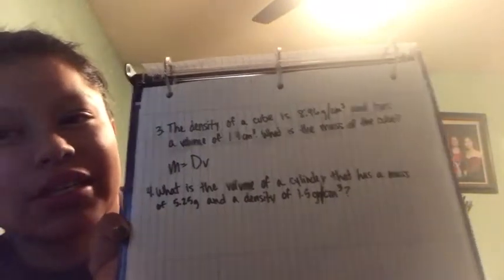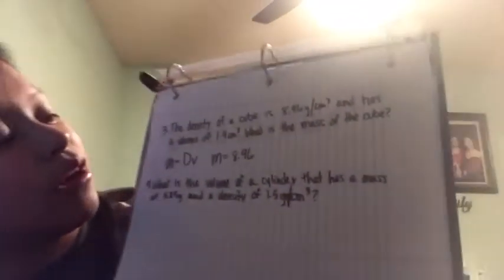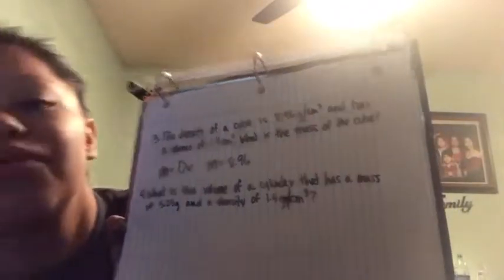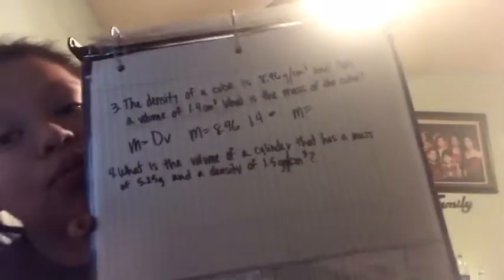So in this case, the density is 8.96, and the volume is 1.4, so times 1.4. If we put that in the calculator, 8.96 times 1.4 equals 12.544.